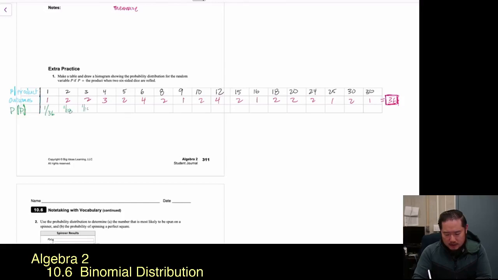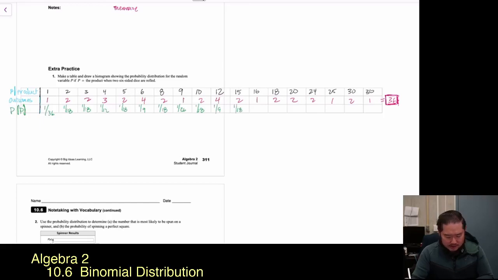Let's continue on. With 4, it's 3 over 36, so that becomes 1/12. Let me fill in the blanks now. For 12, it's 1/9, taking 4 over 36 and simplifying it down to 1/9.